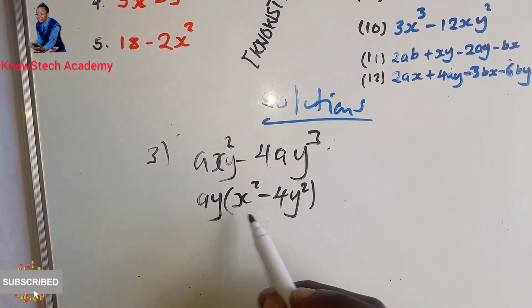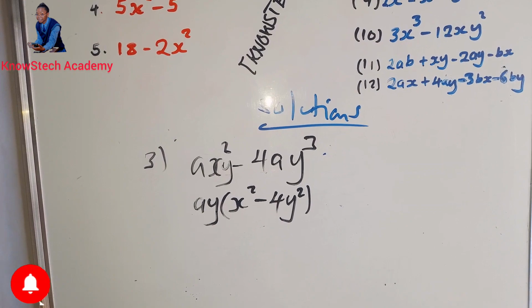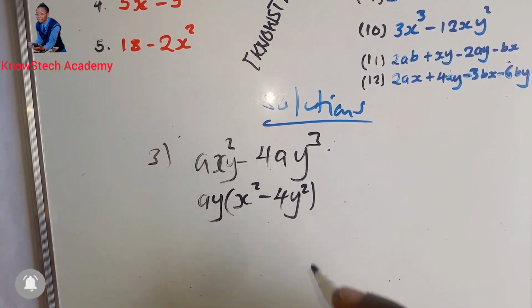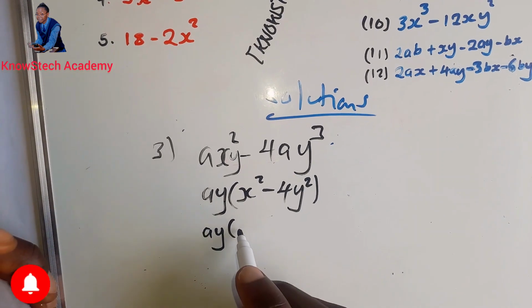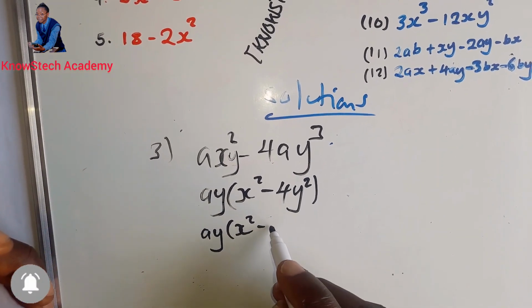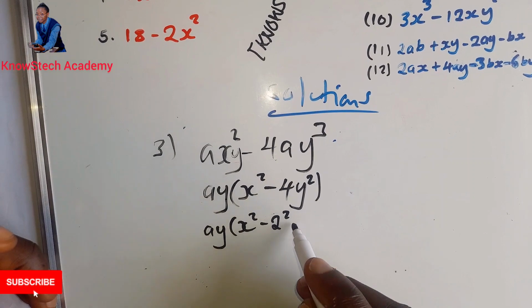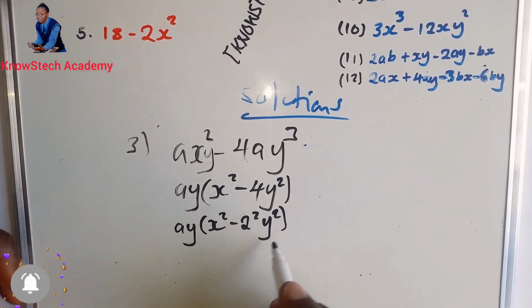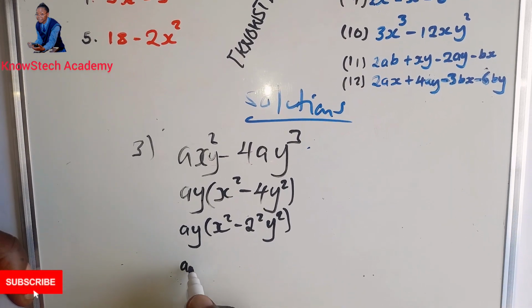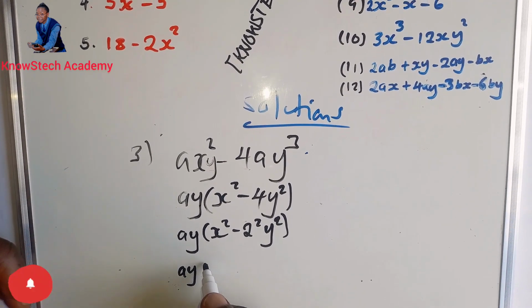Okay, then if you look at what is inside the bracket here, this is a difference of 2 squares. So we have ay, open bracket, x squared minus 2 squared. This 4 can be written as 2 squared, y squared. Since this one is a difference of 2 squares, we're going to maintain ay outside.